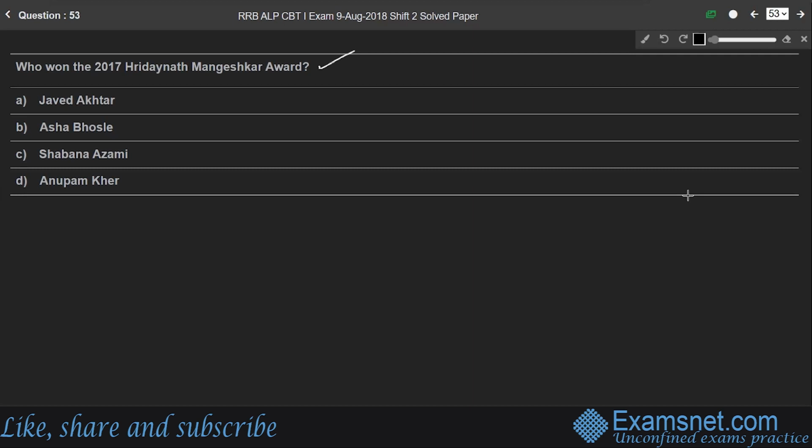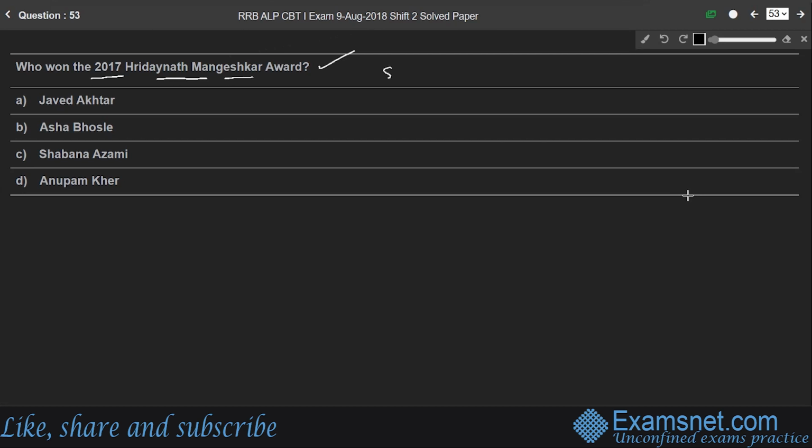Question 53. Who won the 2017 Hridaynath Mangeshkar Award? So here student, the Hridaynath Mangeshkar Award is a prestigious award started in 2011 by Hridayesh Art in honor of music composer and singer Hridaynath Mangeshkar.